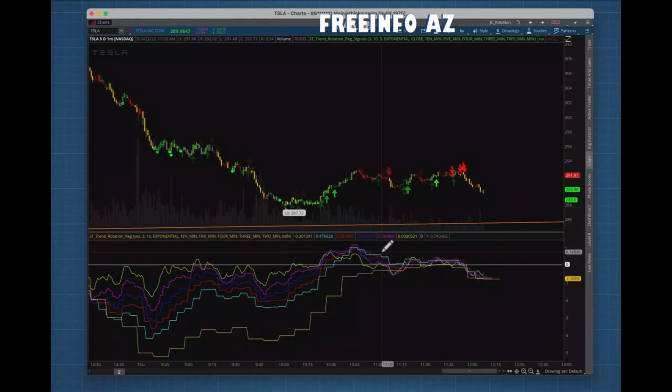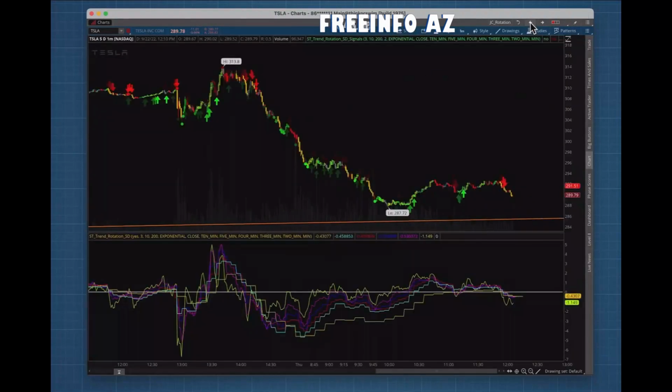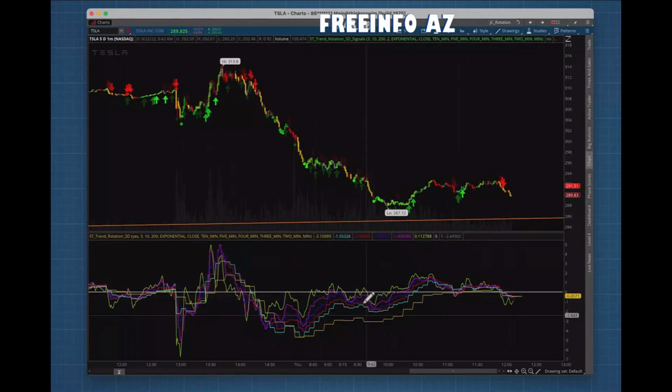And then there's one final version that I had to put in there just because it's one of the things I like to think about when we talk oscillators, and that is the trend rotation standard deviation version. Here I've taken this multi-time frame oscillator, same as we were using on the previous chart, but it's been normalized.